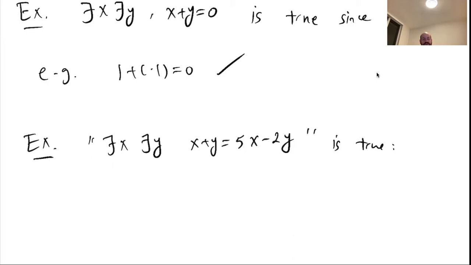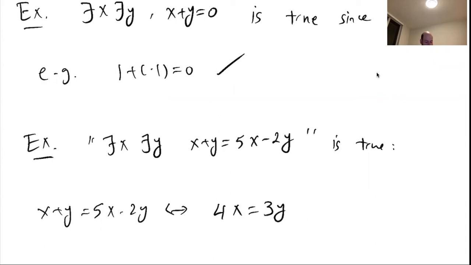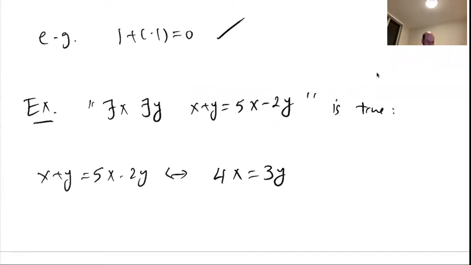So how can I find at least one pair? Well, we can do some simple calculations. So this one, if I simplify, x plus y equals 5x minus 2y, this is the same as saying that if I take x to the right-hand side, it becomes 4x, and y to the left-hand side becomes 3y. Right? And then we just need to find an x and y where 4x is equal to 3y.